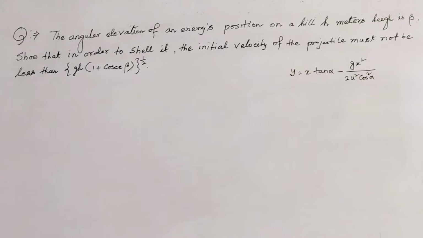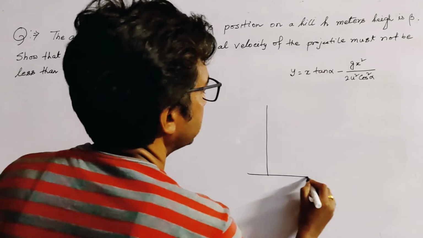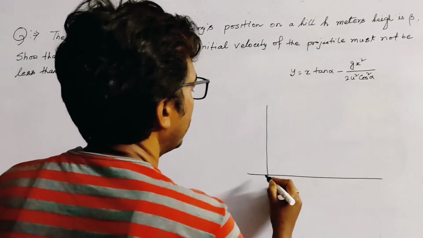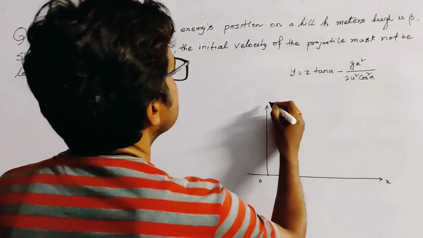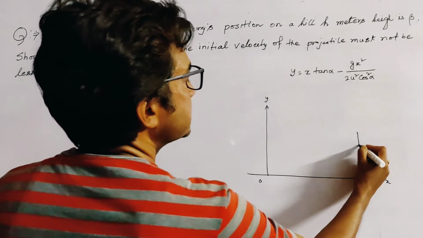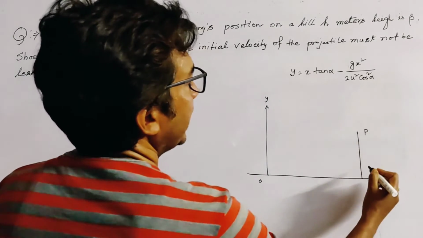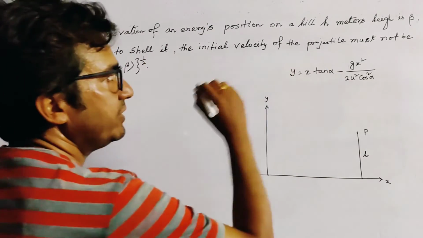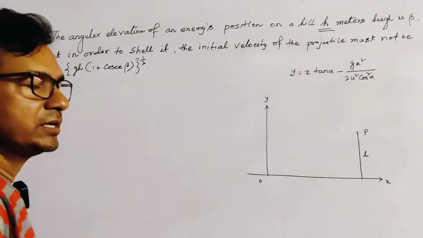Now we take the point of projection as O. This is the origin, this is the x-axis and this is the y-axis. Let the position of the enemy be P, at height h, since the hill is h meters high.